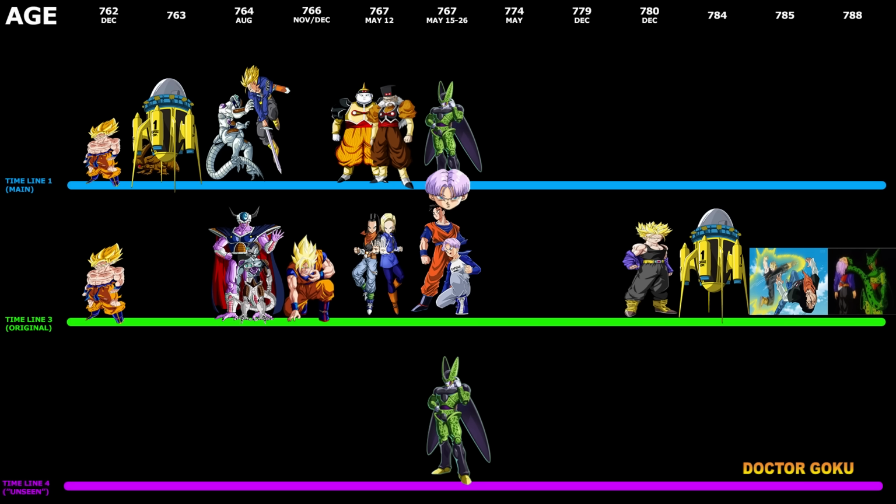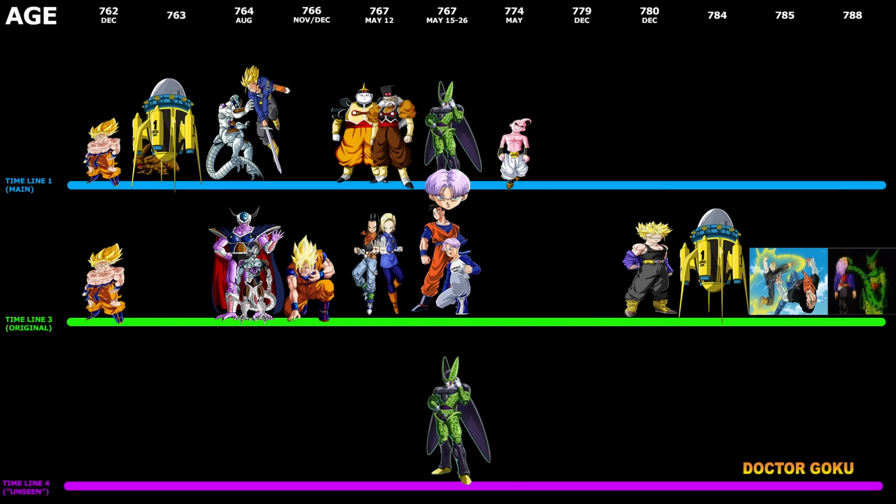Gohan still ends up defeating Cell, but this time he does it with a two-handed Kamehameha wave. Meanwhile, the rest of history plays out exactly the same, with the Buu Saga happening, Battle of Gods, Resurrection F, the Universe 6 tournament, etc.